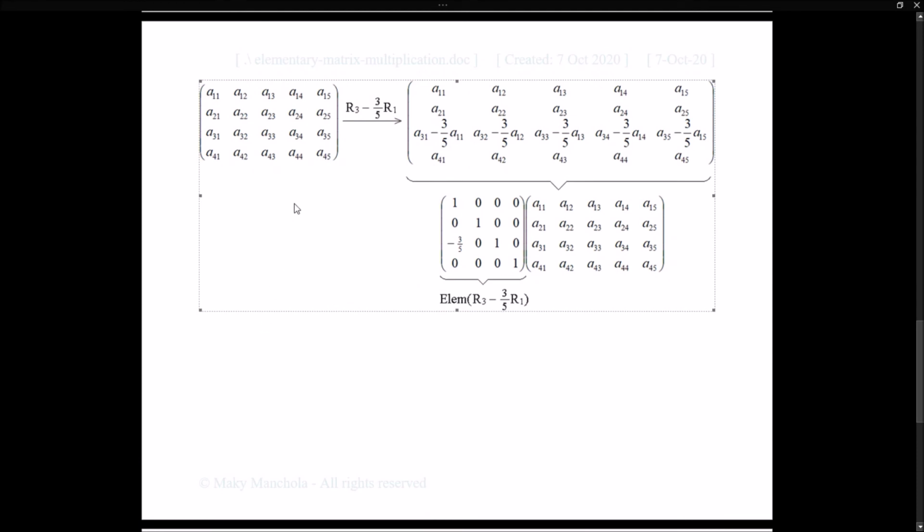Secondly, applying the type 3 elementary row operation on A, where we multiply the first row of A by -3/5 and add the result to the third row of A, that is the same as multiplying A from the left by our second elementary matrix.